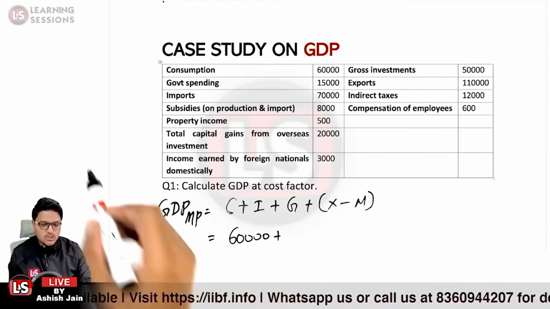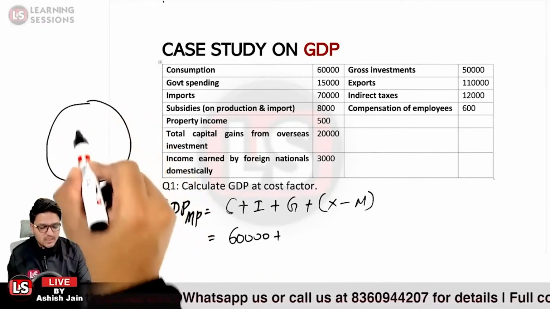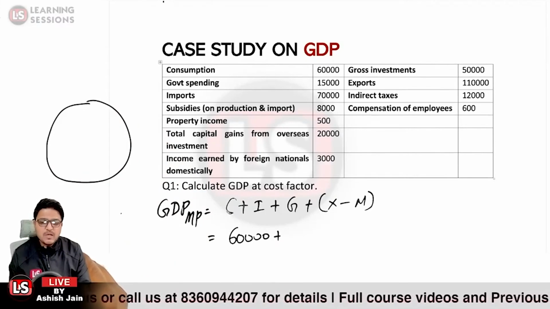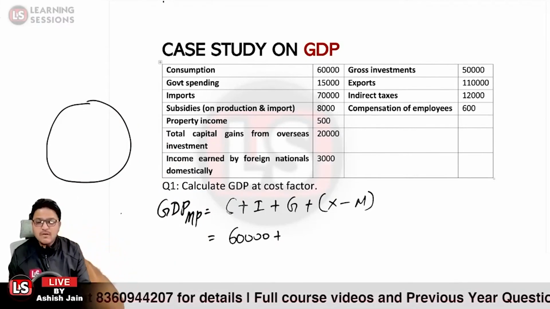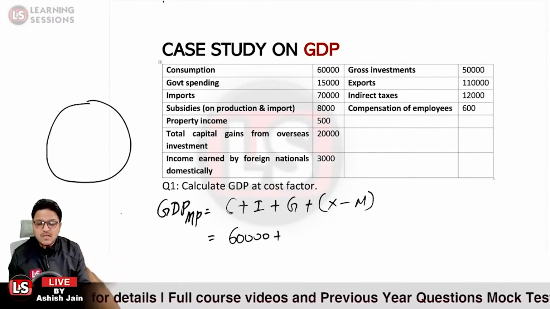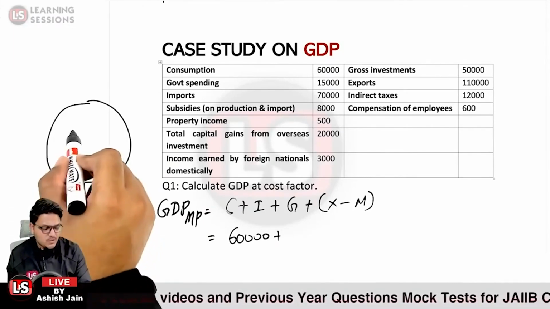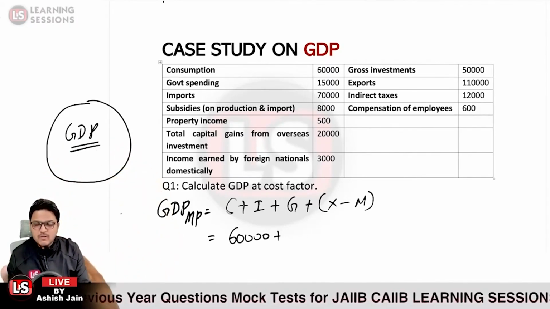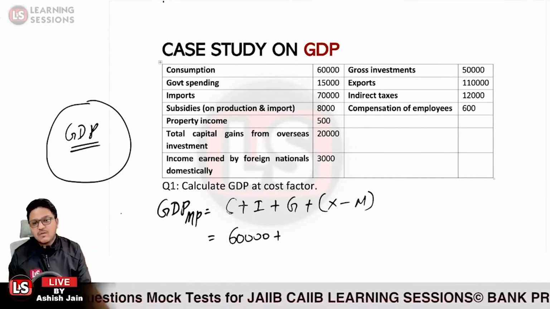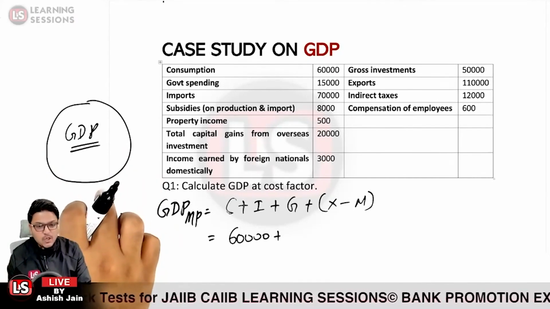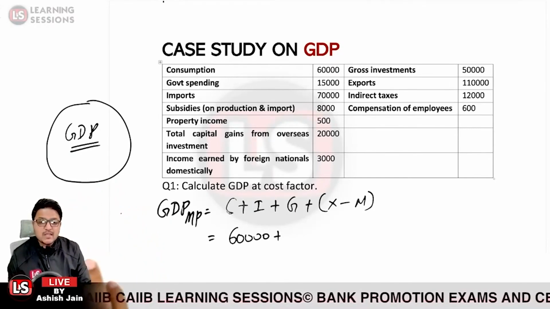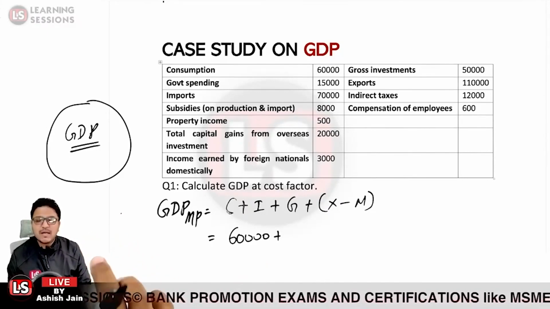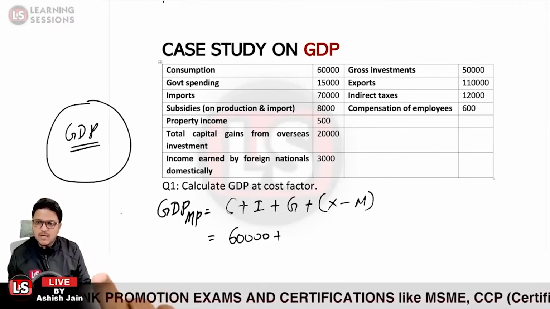Whatever goods and services have been produced in the country, it is concerned with the final value of those goods and services produced domestically within the territory itself. So that is how we are solving. There are three methods by which we can calculate the GDP: the expenditure method, the income method, or the production method.